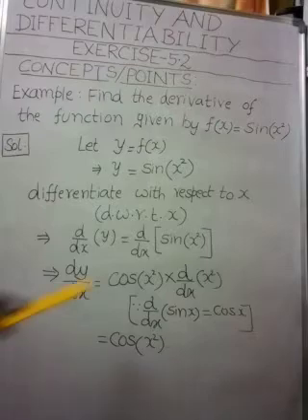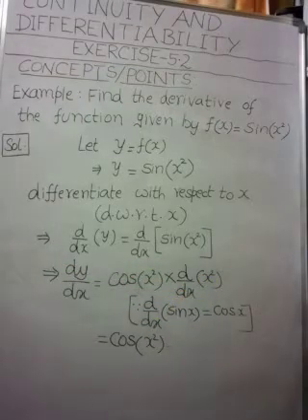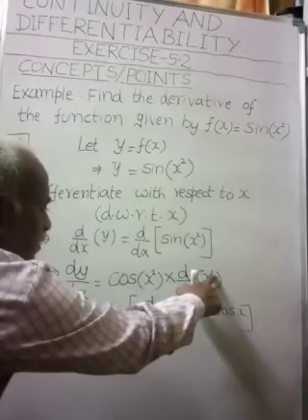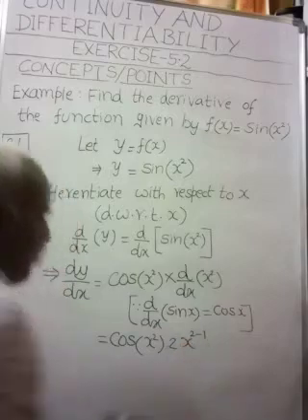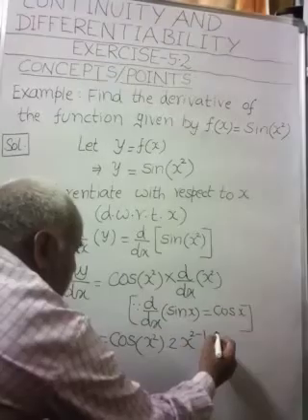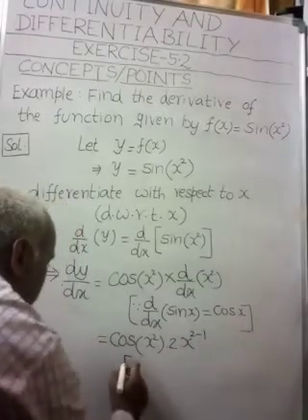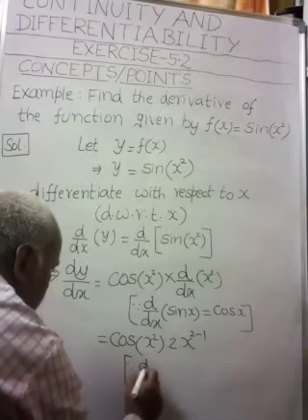into d by dx of x square. It is in the form of d by dx of x power n. What is the formula? d by dx of x power n is n into x power n minus 1. So here n means 2: 2 into x power 2 minus 1.